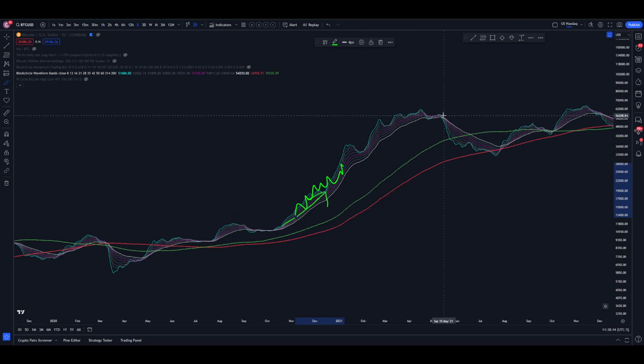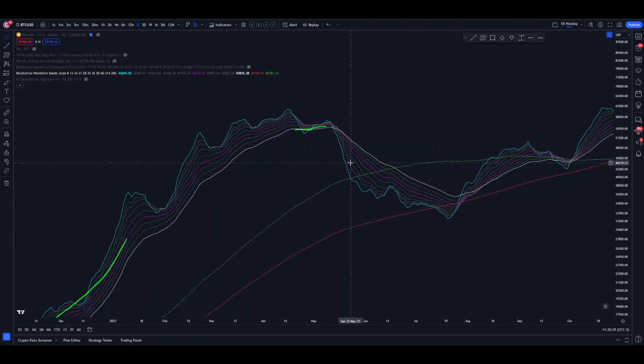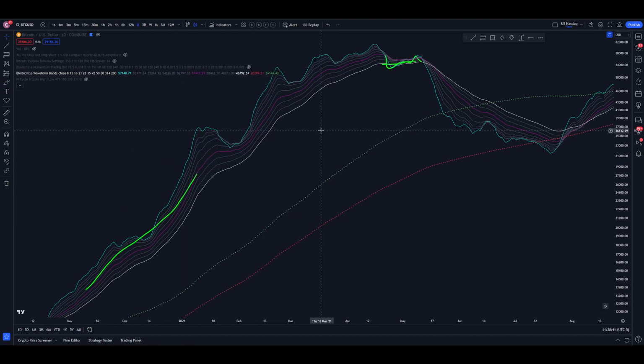Not a great place to be trading unless you're trying to be a range trader and you're just scalping on the lower time frames, which you definitely can do. So we have uptrend, sideways trend, which you can see by these bands getting really tight. The 8 EMA is down, then it's up, then it's down, then it's up, then it's down. There's a lot of indecision here. It's going to be a lot harder to trade here than in a trending market.